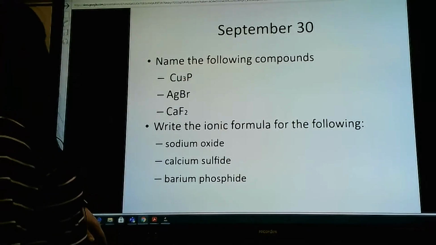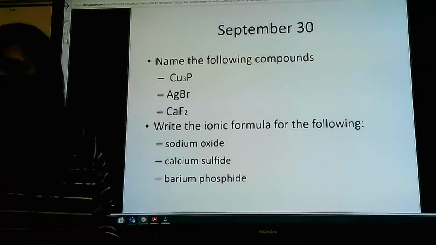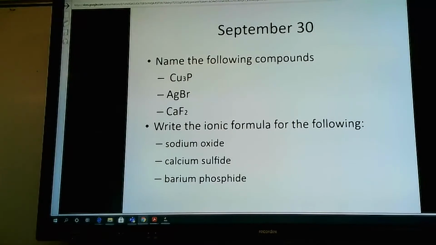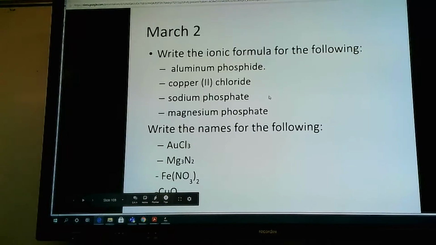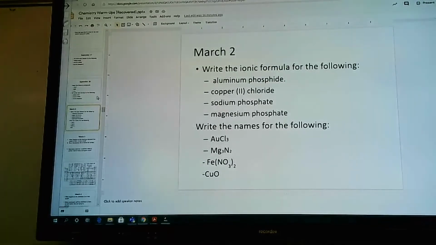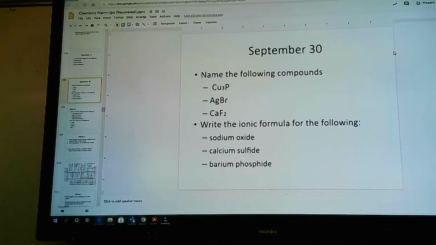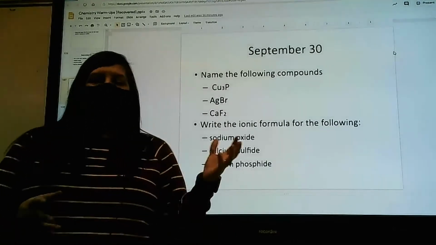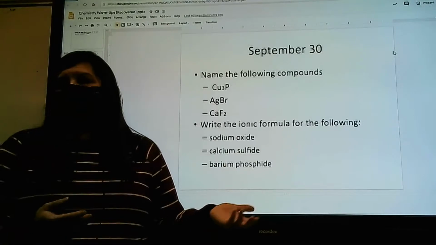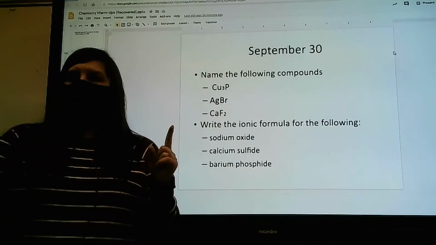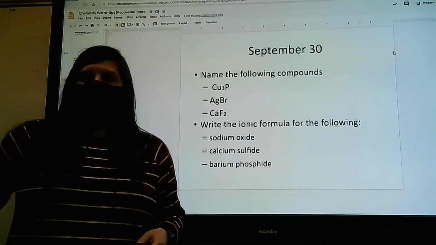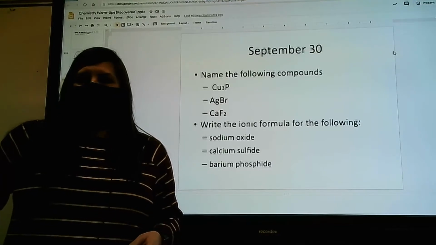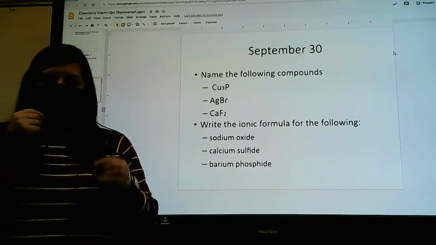All right, so when we write formulas and names for these compounds, the ones we've done so far are ionic compounds, which means what 2 types of elements are forming an ionic compound? Metal and non-metal.